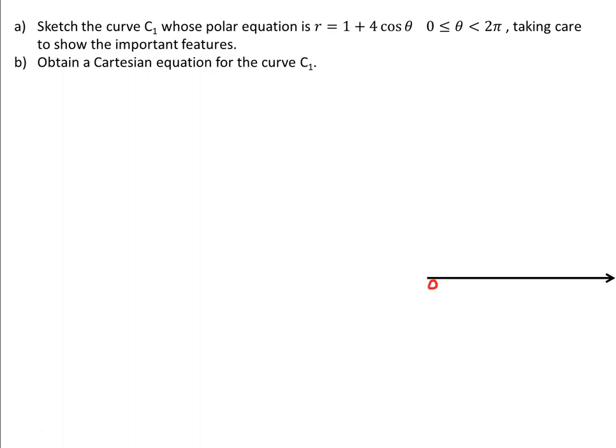Well, the first thing is we certainly know that the value of r cannot be more than 5 because cos theta lies between -1 and 1. So we've got the maximum value of r is 5 when theta equals 0.